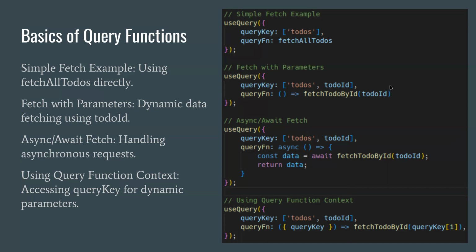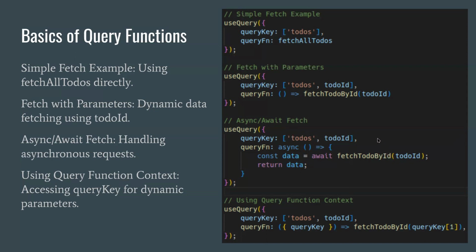And for those of you who took web, you learned that there is this async await, so you can utilize async await to handle this asynchronous operation. So you can see that we are awaiting the return data from fetch to-do by ID.